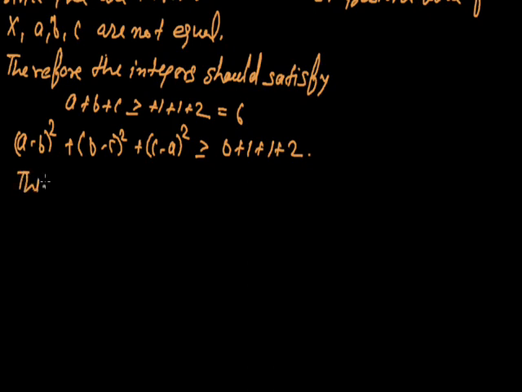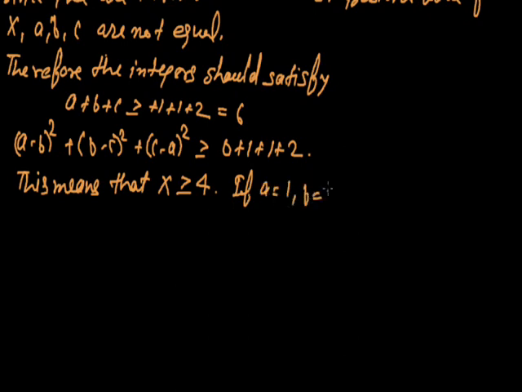This means that x is greater than or equal to 4. If a is equal to 1, b is equal to 1, c is equal to 2, we get x is equal to 4.